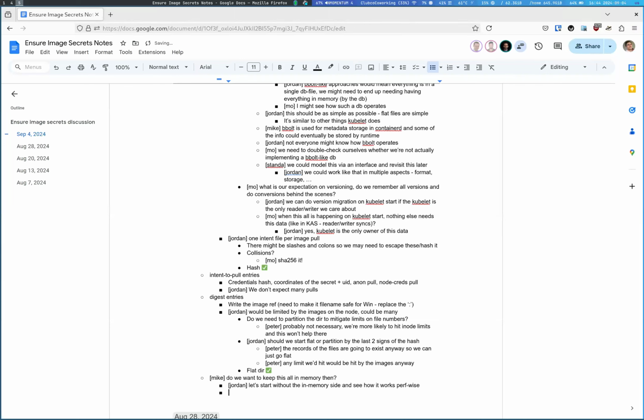Yes. And is that going out and hitting disk, or is that hitting? We have an in memory. Okay. On the status, so it depends. When you do the pull, then it's going to hit disk, obviously.